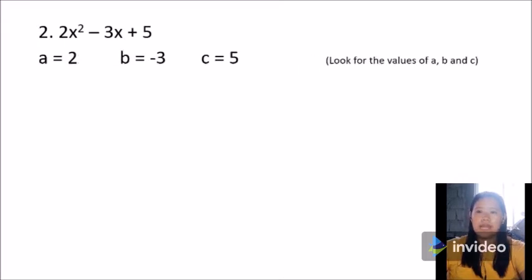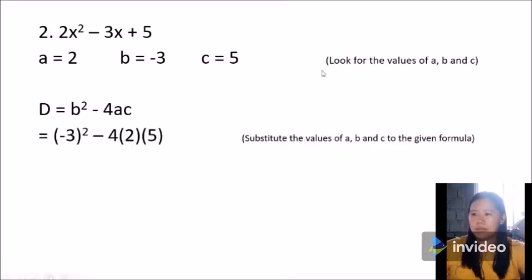For number 2, we have 2x raised to 2 minus 3x plus 5. So first thing to do, look for the values of a, b, and c. So ang ating a dito ay 2, b ay negative 3, and c equals 5. So we have the formula of our discriminant, b squared minus 4ac. And then substitute the values of a, b, and c to our formula.